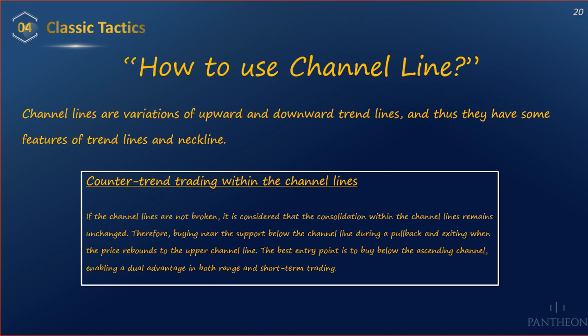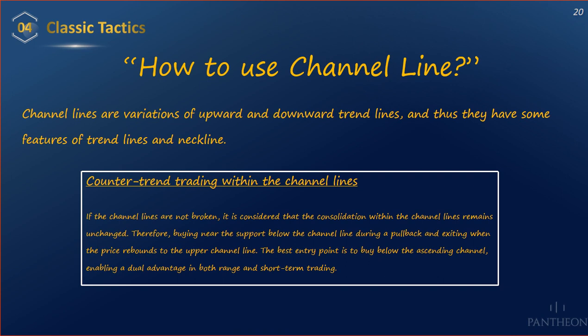First, let's take the first usage: counter trend trading within the channel line. When the price does not fall below or break through the channel line, it is considered a consolidation within the channel line.